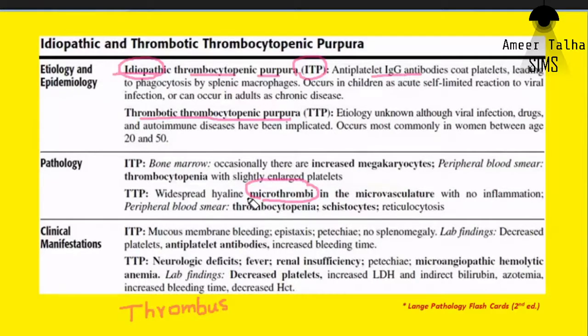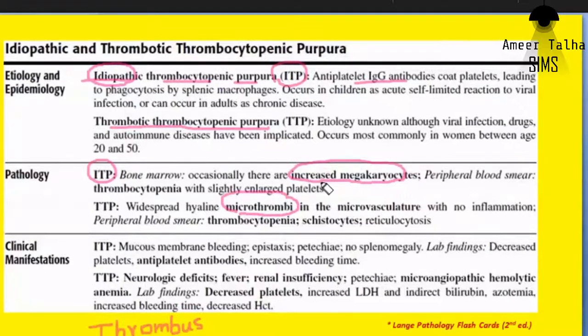So what are the other pathological features? If you take the bone marrow biopsy of such a patient, it will depict an increased number of megakaryocytes. Now again, recall what is a megakaryocyte.